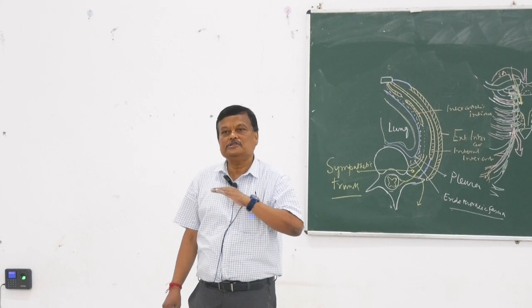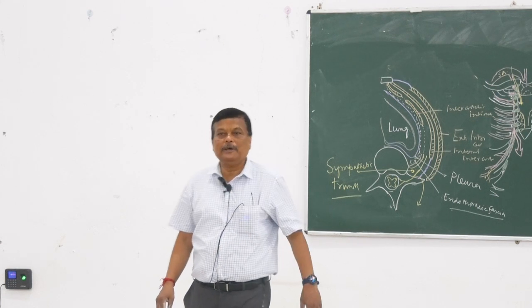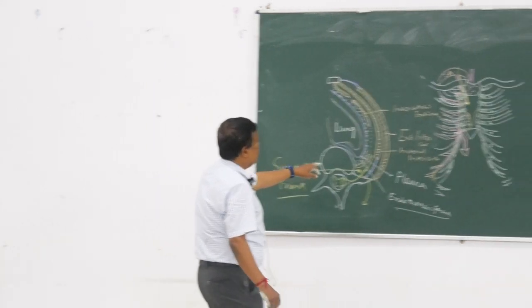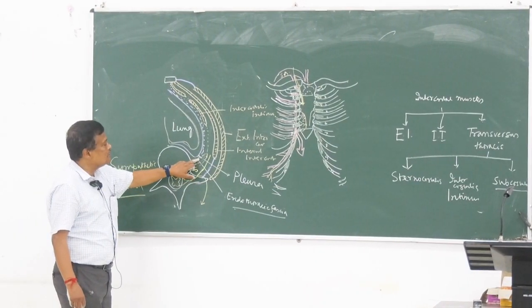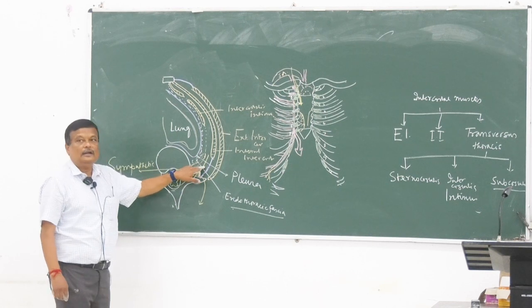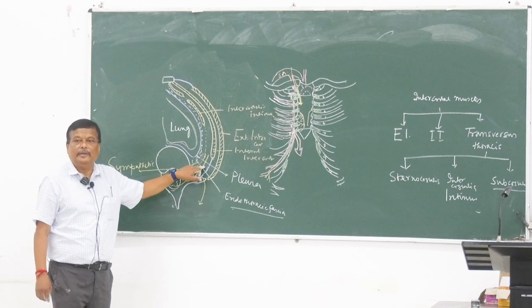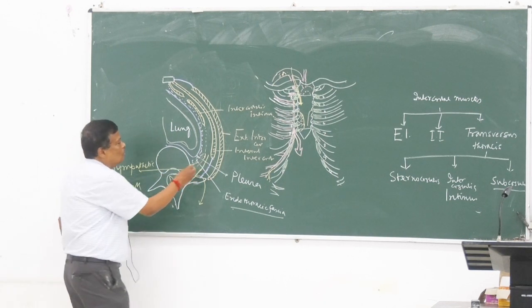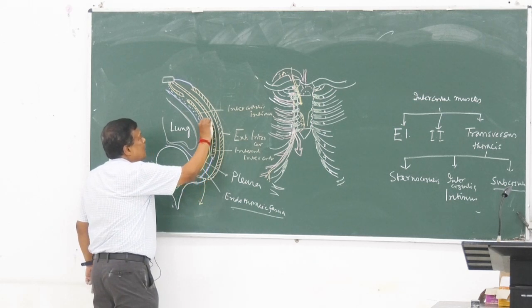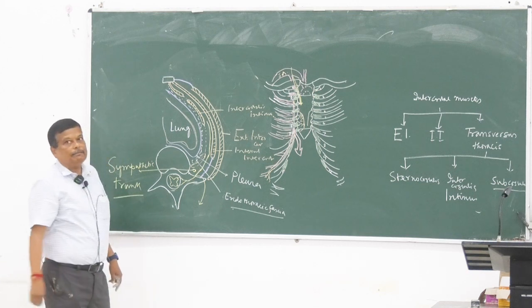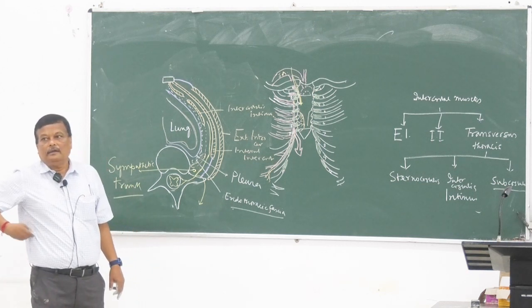In the upper space, it is usually absent. So in the upper space, it passes between the endothoracic fascia and the posterior intercostal membrane. Then it goes in this plane up to the angle of the rib, at this place.